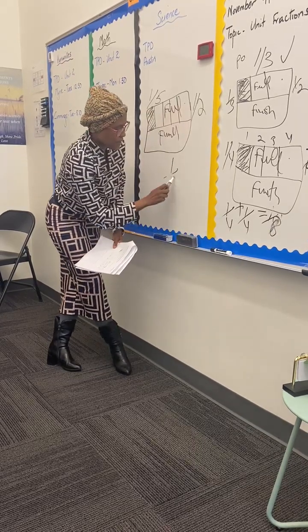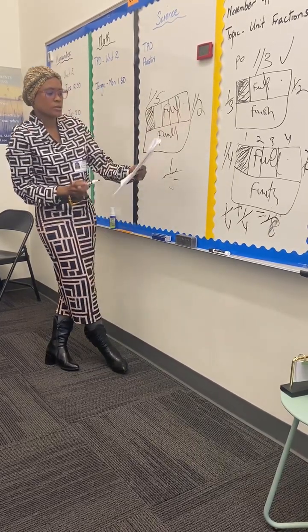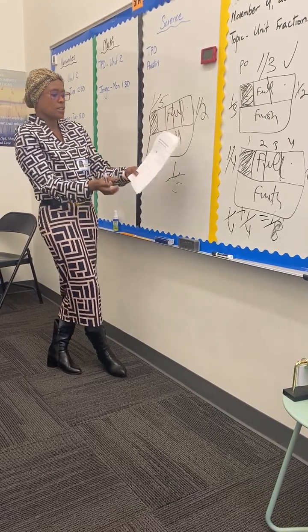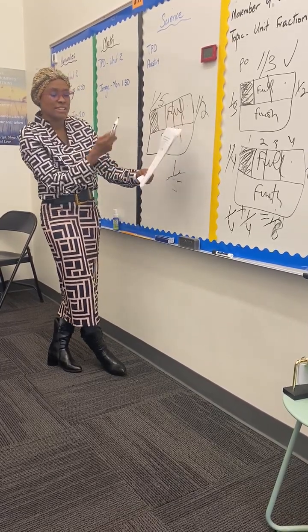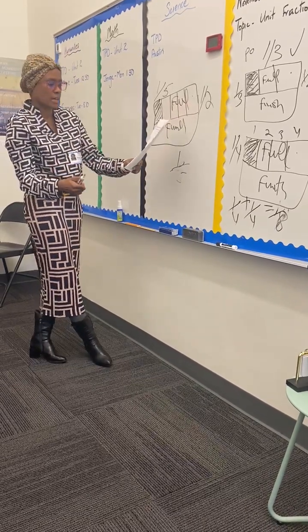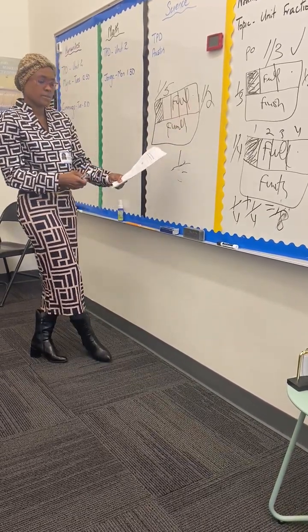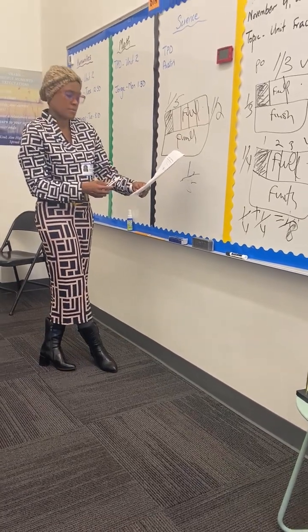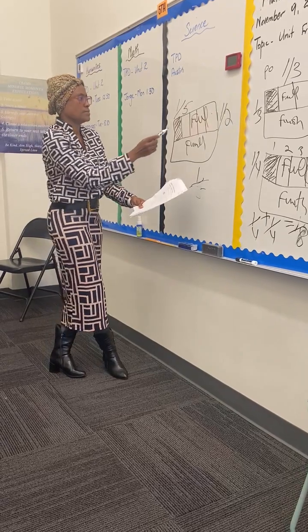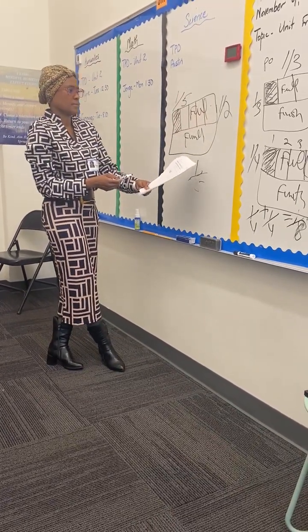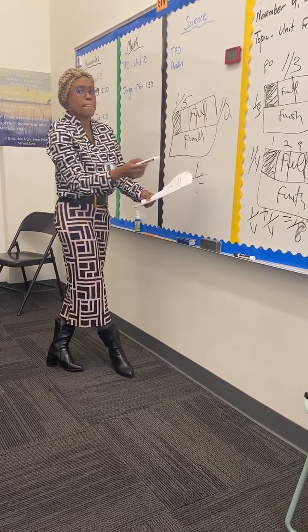Okay, 1/5. So they told us to draw the diagram, and I drew the diagram. How much of the whole pan did Maya eat, Mrs. Mitchell? Okay, so the pan of macaroni and cheese is 1/2 full, right? And Maya eats 1 of the 5. 1 out of 5.